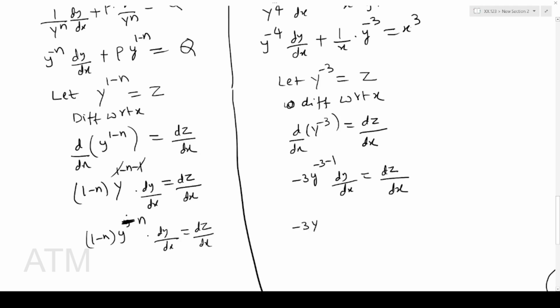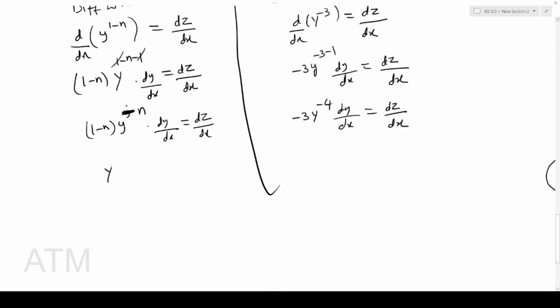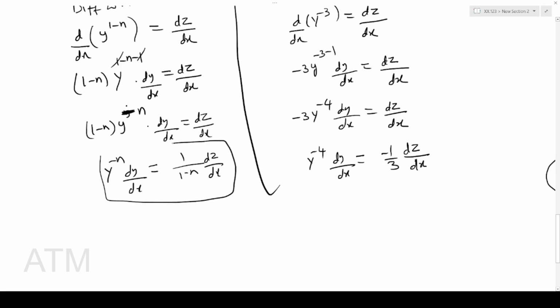This is minus 3 y raised to minus 4 dy by dx equals dz by dx. So we will continue, and we get y raised to minus n dy by dx equals 1 upon (1 minus n) dz by dx. This becomes y raised to minus 4 dy by dx equals minus 1 upon 3 dz by dx. So now we will be using this relationship.